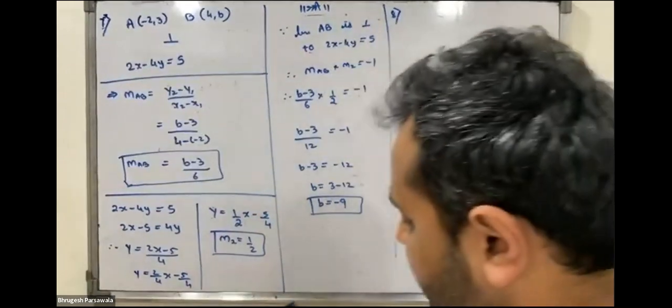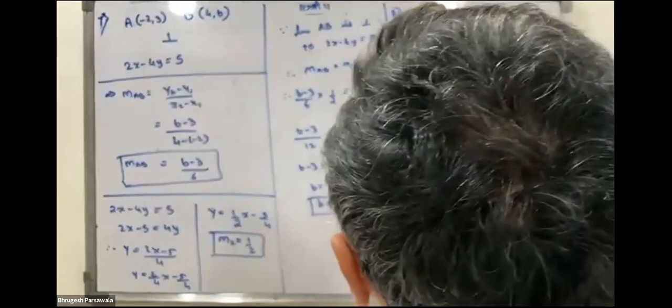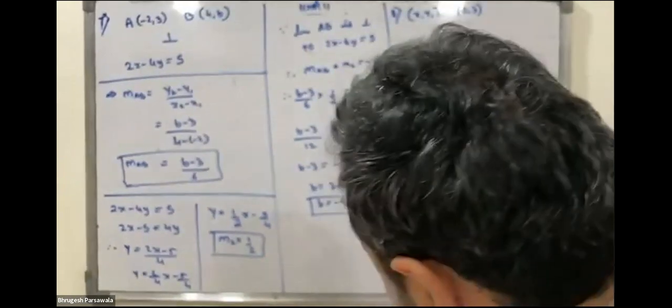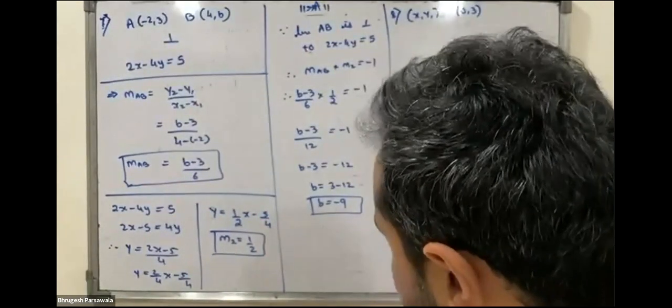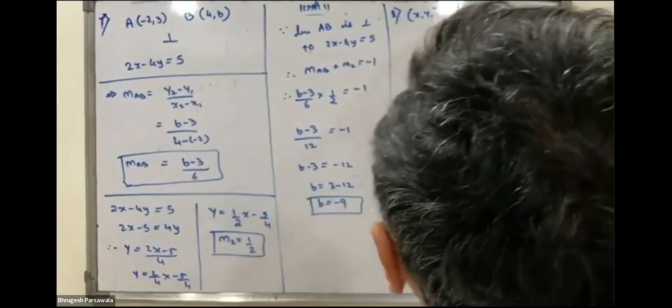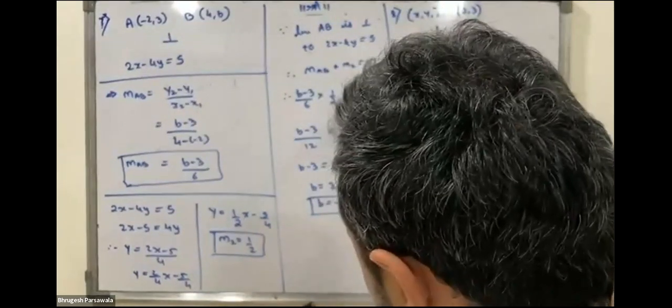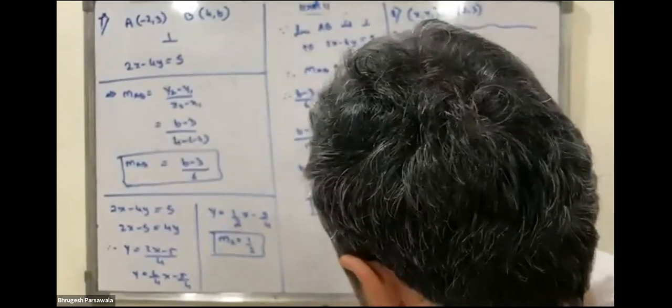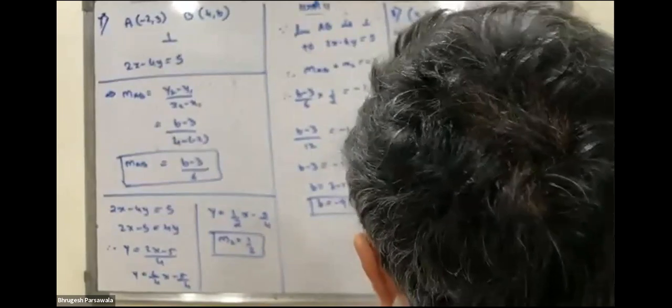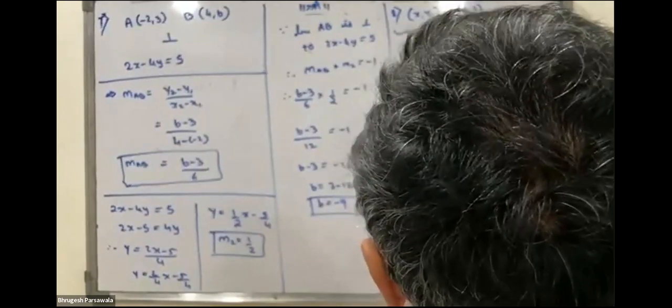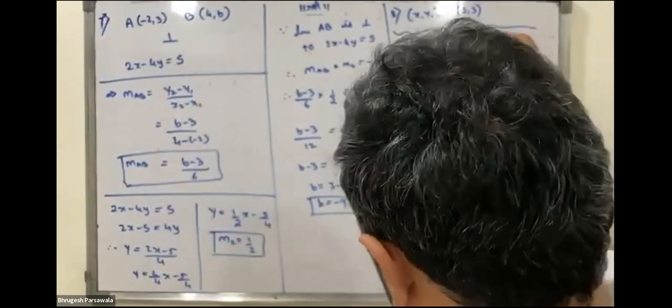Find the equation of line that has y-intercept 3 units. Okay, so one point is 0, 3. Y-intercept, x is 0. And perpendicular to the line joining. Let us assume the 2 points to be 2, minus 3 and 4, 2.